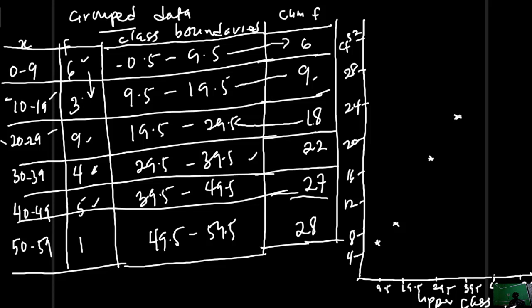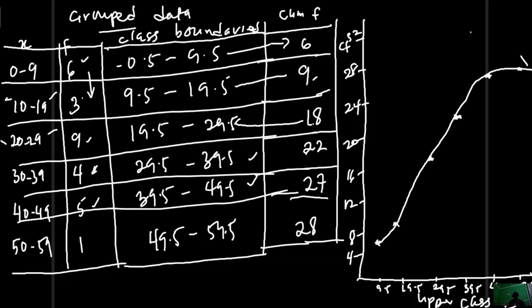Good. Then 49.5 is 27. Good. Then 59.5 is 28. Then you use your free hand to join all the points you have plotted. And this is the cumulative frequency curve.